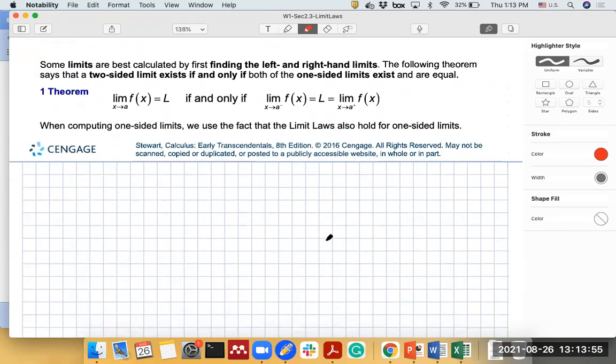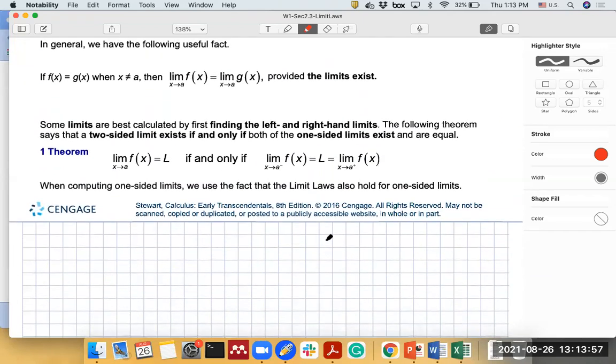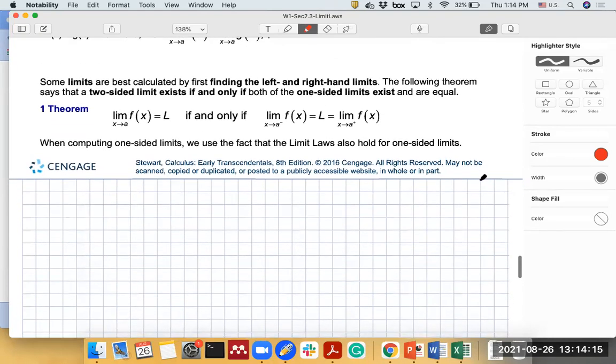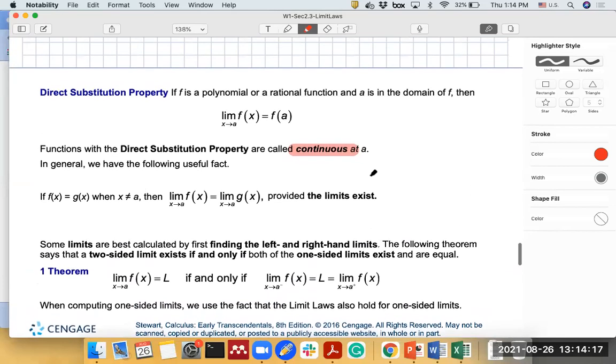Another thing is direct substitution. If we're given a function f of x, remember, continuous means that we can draw the graph of that function without lifting our hand.